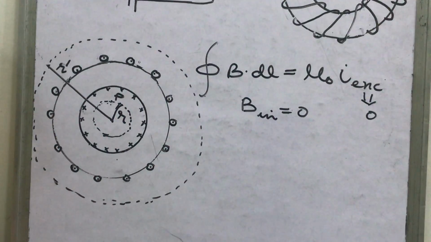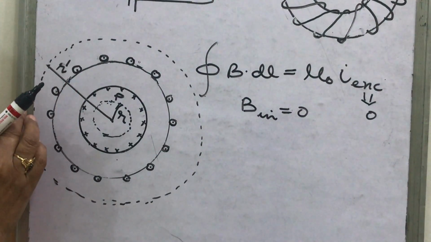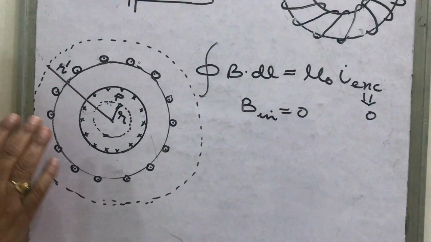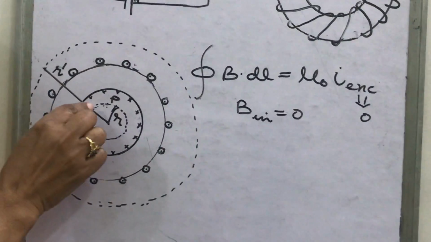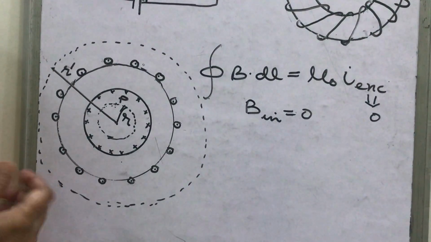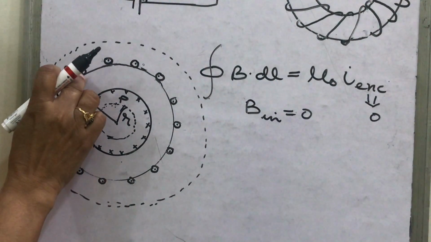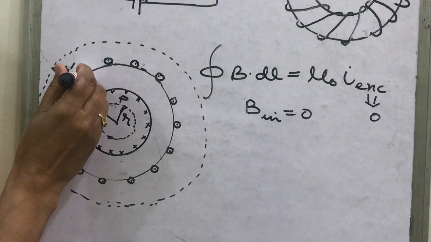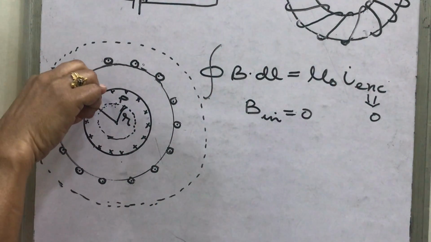What do you observe? In this loop, net current is 0, although the current is found to be flowing here as dot and here as cross. So how can you say? The current is in this direction, perpendicular, upward. This is also within the loop, and current is again going downward.